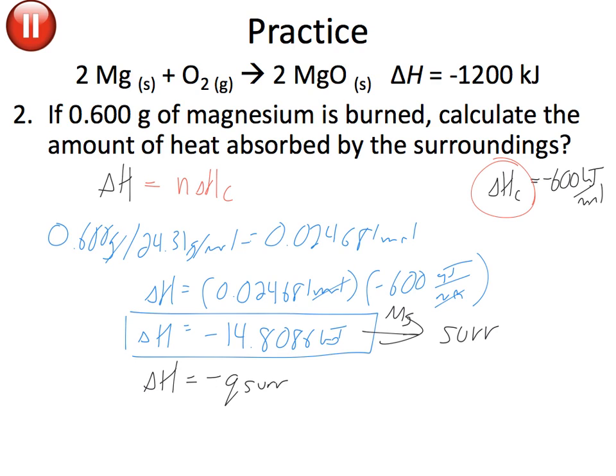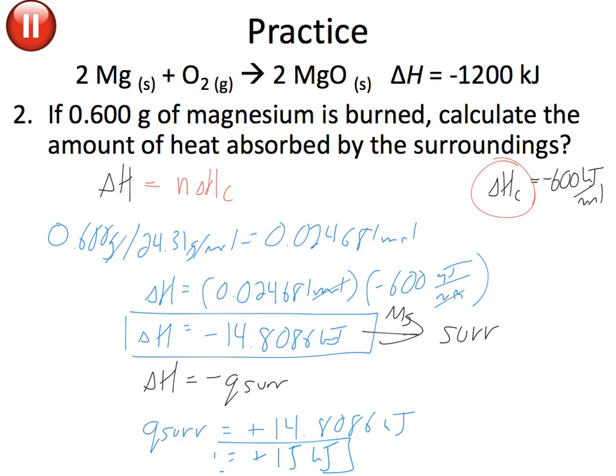In this case, the heat absorbed by the surroundings is just the negative of the delta H, which means it absorbs 14.8086 kilojoules. Now, we had two significant figures initially and three significant figures here, so we're going to keep it to two significant figures, and we're going to call this plus 15 kilojoules.